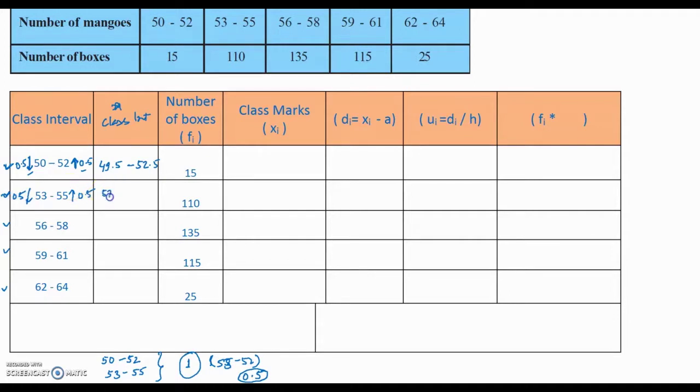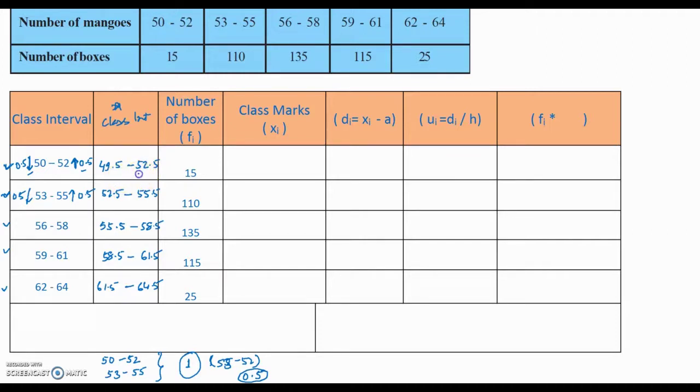So I get 52.5 here, and this will become 55.5. The next grouping will be 55.5 to 58.5. This will be 58.5 to 61.5. The last one will be 61.5 to 64.5. So we got all the groups now.